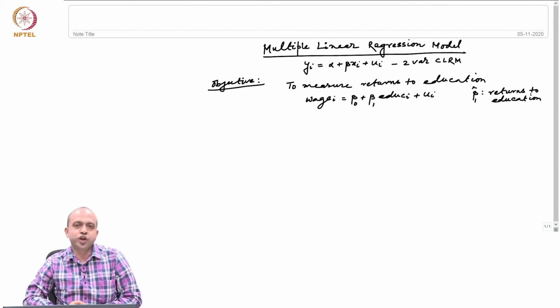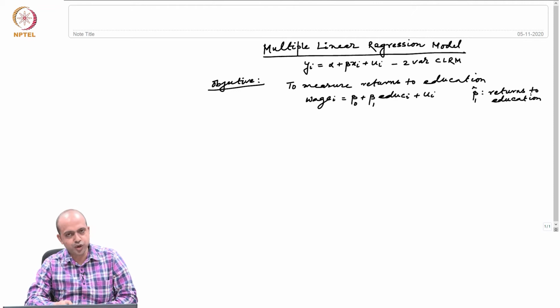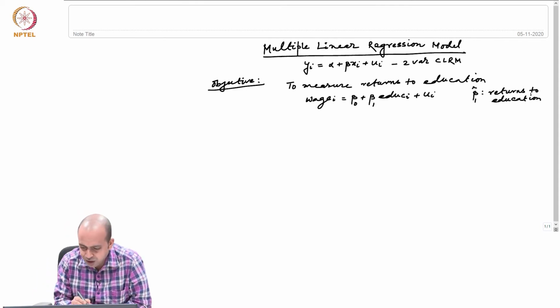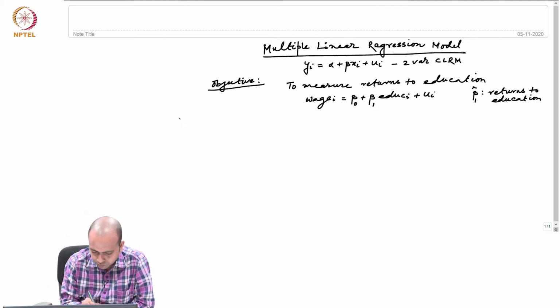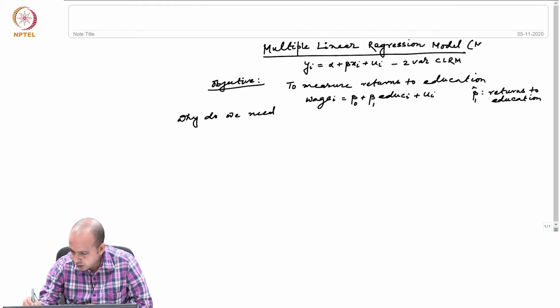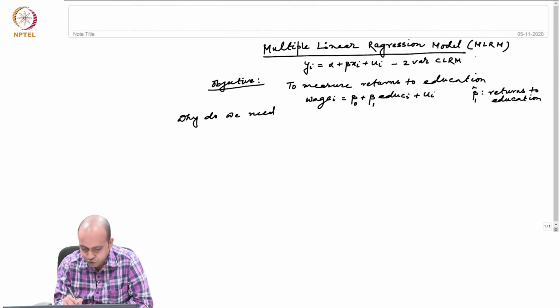This is also a two variable linear regression model, because you have one dependent variable and one independent variable. Now, when we think about the multiple linear regression model, first of all we need to understand why we need it.